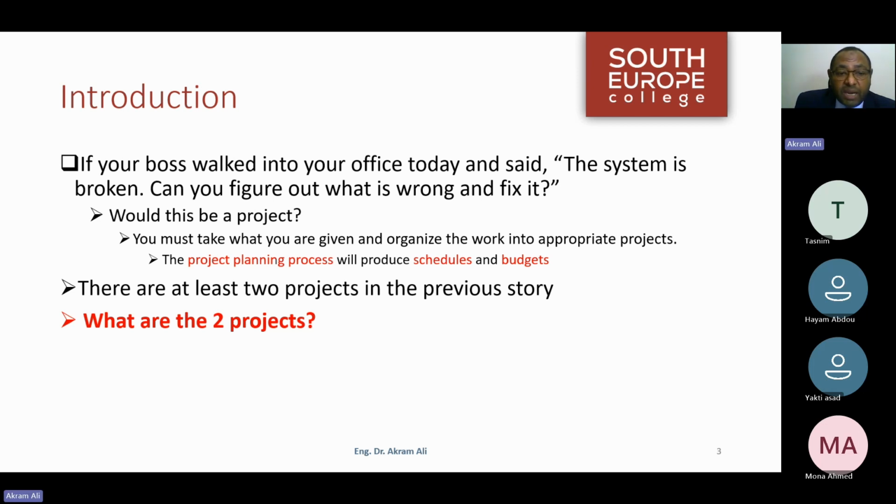So the project planning process, once you initiated the project, you progress into planning the project. And when you plan a project, you should have schedules and budgets. Not only schedules and budgets, you also are going to have project plans.